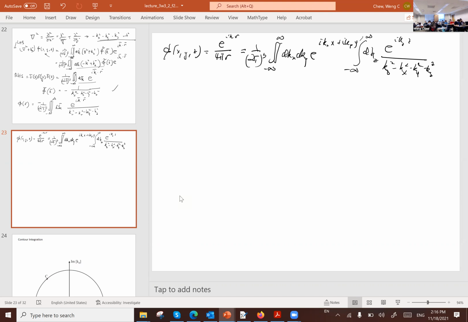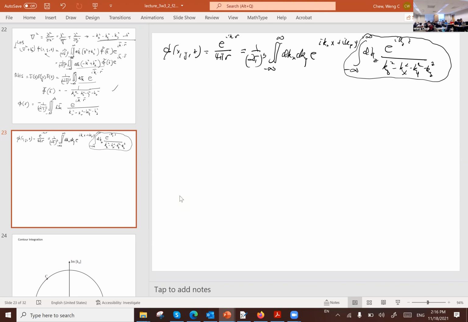So if I know how to evaluate this integration, bingo, I'm halfway there. This is a simple enough problem for us to think about. You might even have encountered this problem before. Do I know how to invert this Fourier integration?